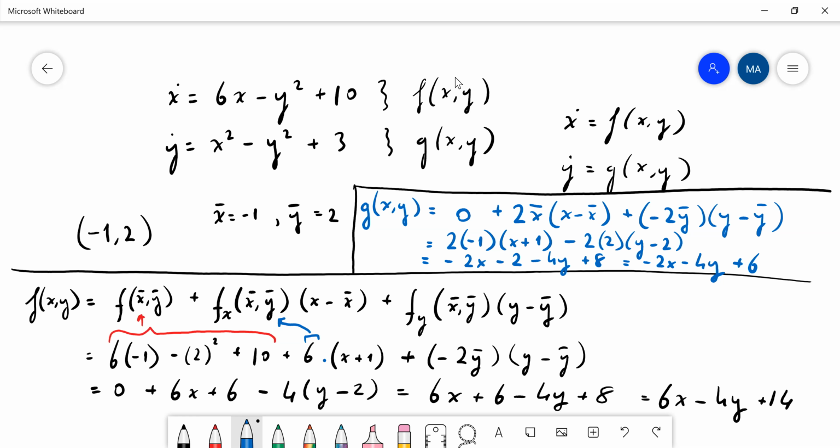You have the linearized system, right? Let me write in a different color. X dot is equal to 6x minus 4y plus 14. And y dot is equal to minus 2x minus 4y plus 6.